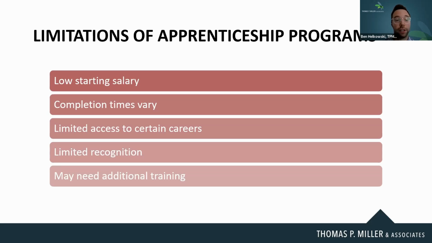And the last limitation, that apprentices may need additional training. We find that individuals across all occupations need additional training. So this isn't a reason to get discouraged, as upskilling is a part of work and can help people improve their career trajectory.